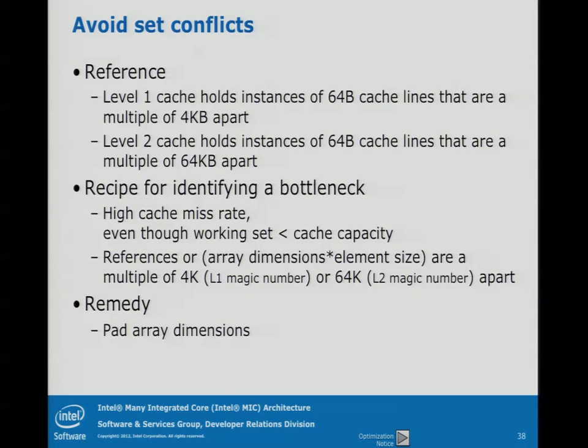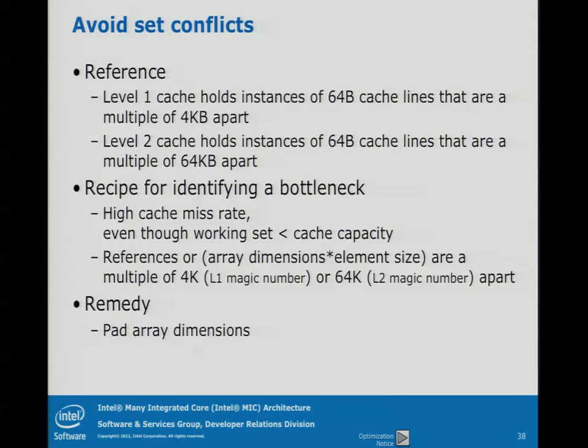So the idea here is to pad the array dimensions in a way that you get rid of this 4K, 64K alignment property. So instead of having a 16-element array, do a 17-element array and get rid of a couple of array elements during computation, but that would shift all your data.